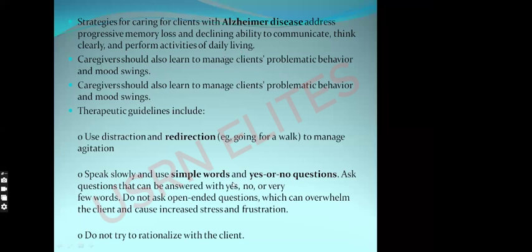So our main aim is to help them to be able to perform activities of daily living, ADL. And remember, this is a progressive condition. Okay, it progresses.